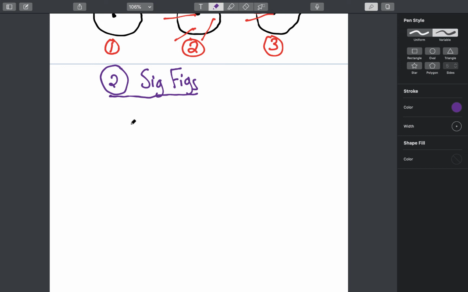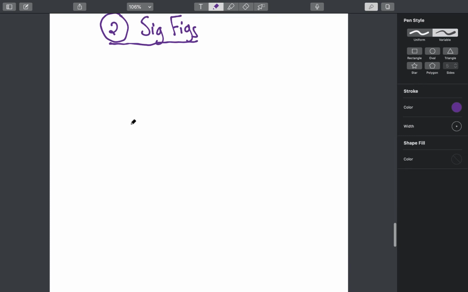So I encourage you, after you watch this video, to go into your textbook and practice some problems, because that's the only way you're ever going to understand sig figs or dimensional analysis or even anything in chemistry. Chemistry is not like any other science course. It's one of those sciences where you can't memorize.